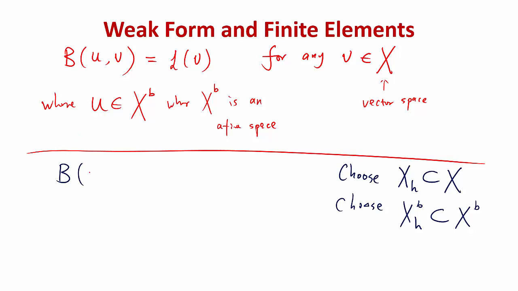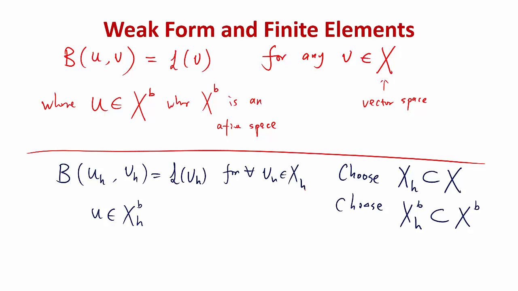What we change is basically, instead of having u to be in the bigger space, we have our u_h to be within the smaller space X_h, and v_h to also be in the smaller space, but we keep the same L and same B. And this has to be true for any v_h in X_h. Okay, that's our finite element.